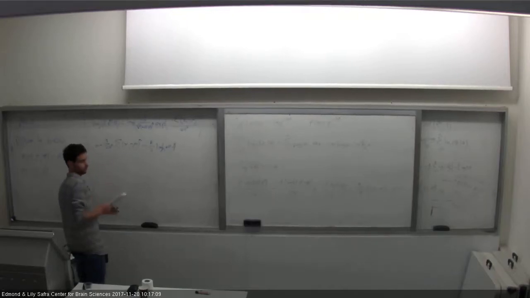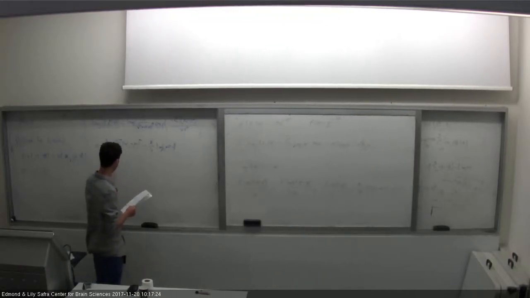If we take the derivative of this with respect to mu, we get that mu hat, the maximum likelihood estimator of mu, is equal to 1 over n sum of xi.